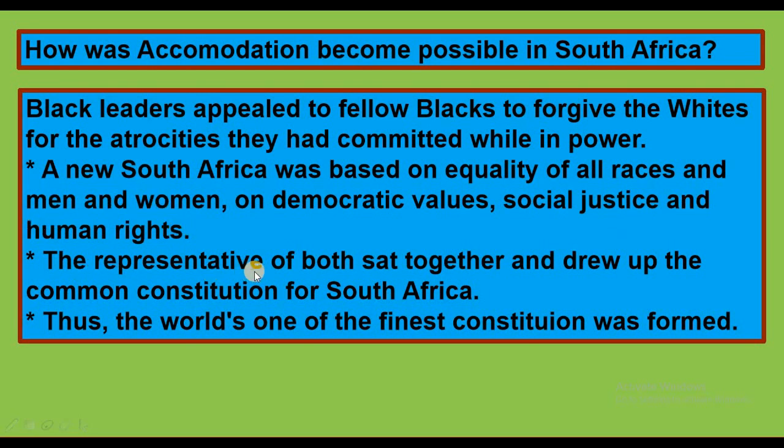The representatives of both communities, the black and white leaders, sat together and drew up the common constitution for South Africa. Thus, one of the world's finest constitutions was formed.